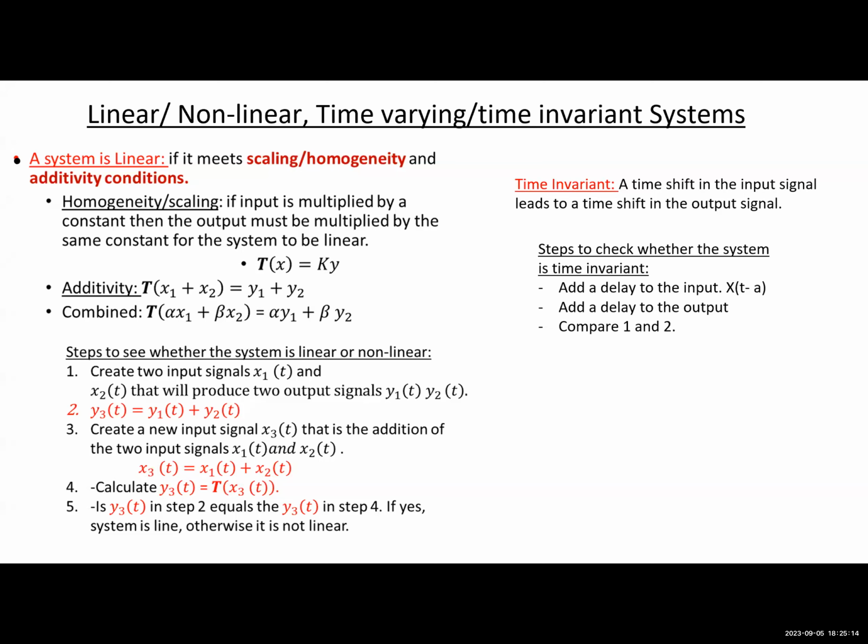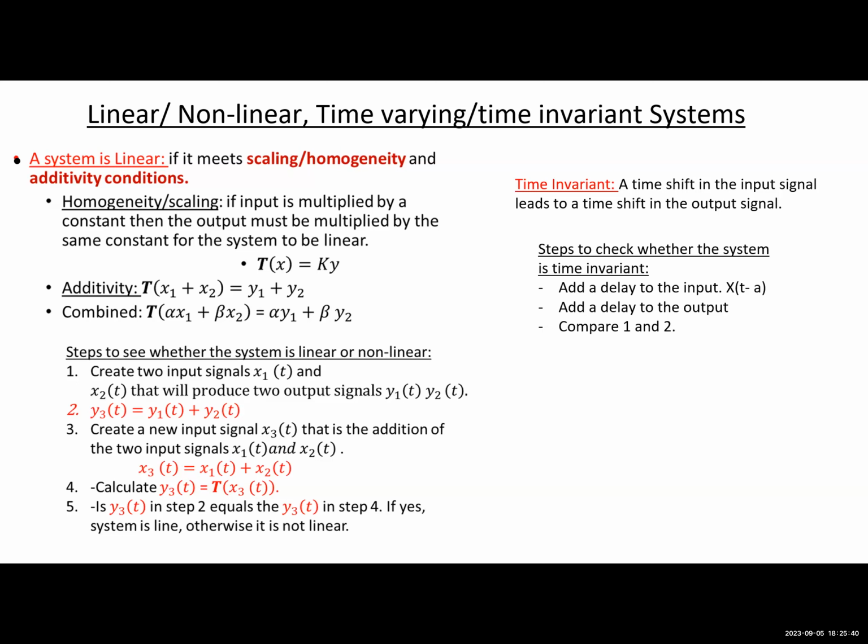A system being linear is a combination of two other factors of systems. You have to consider, does it meet the scaling criteria and does it meet the additivity conditions? The scaling criteria is if you take an input and multiply it by some constant, some scalar, the output should also be multiplied by the same constant.